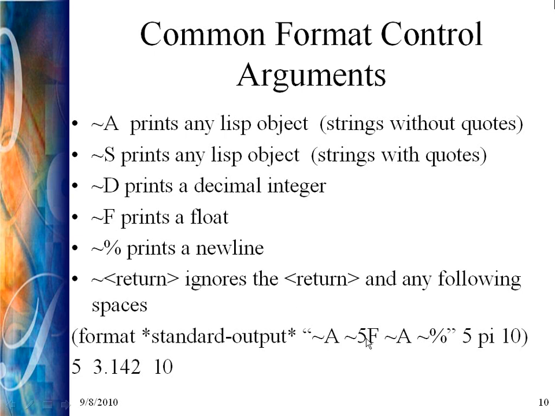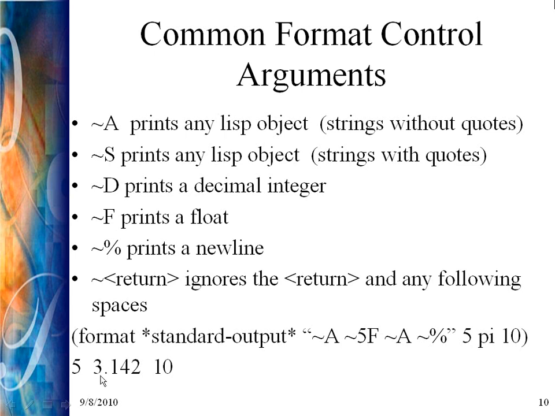So the 5 in tilde 5F says use 5 spaces for printing this value, this floating point number. And the result, as you see in the next line, is we're printing pi, and it is 3.142.